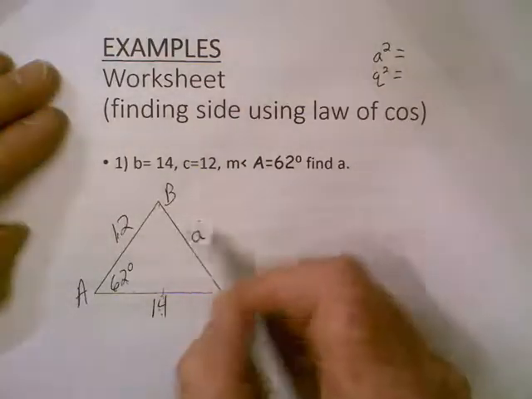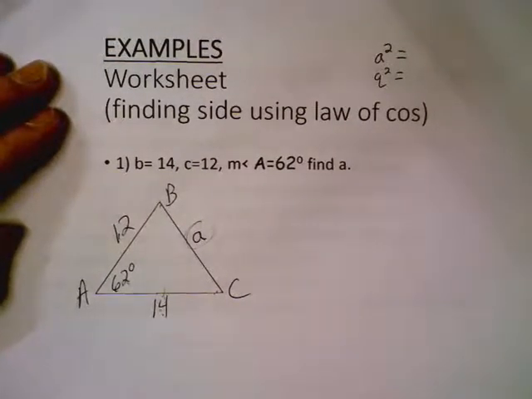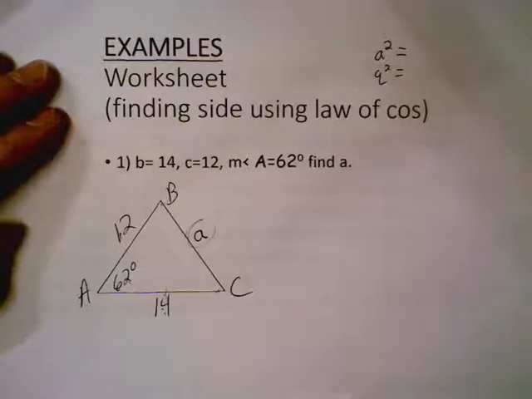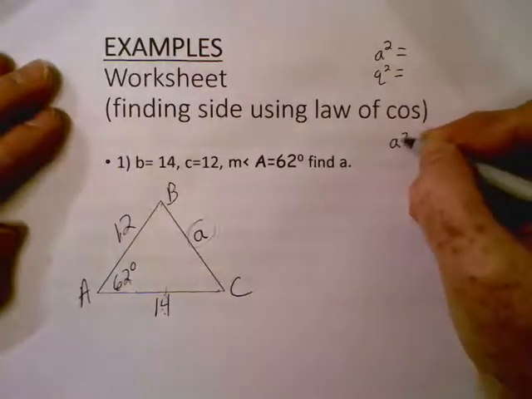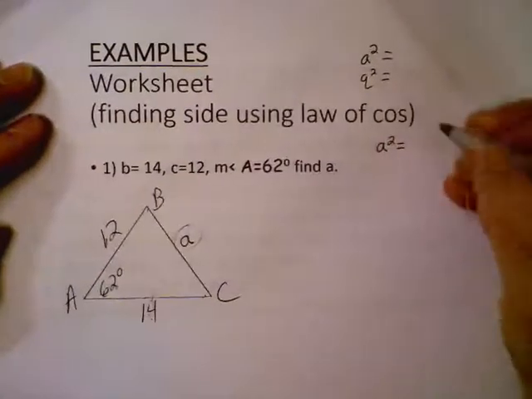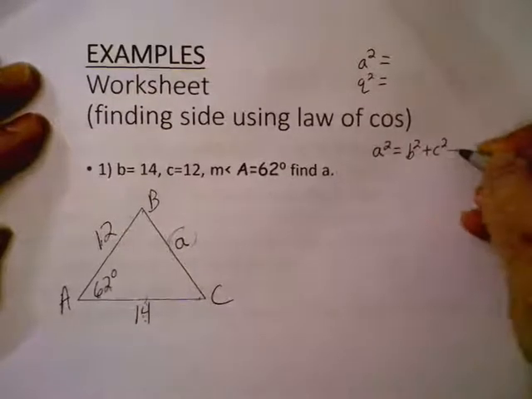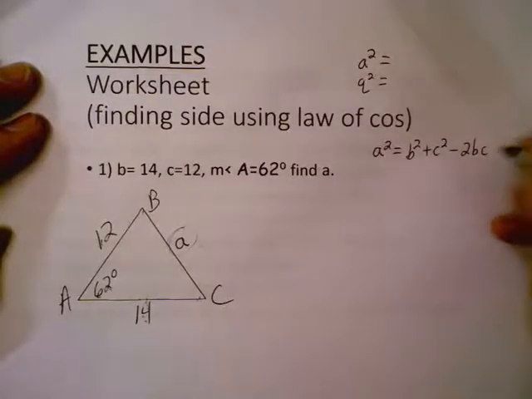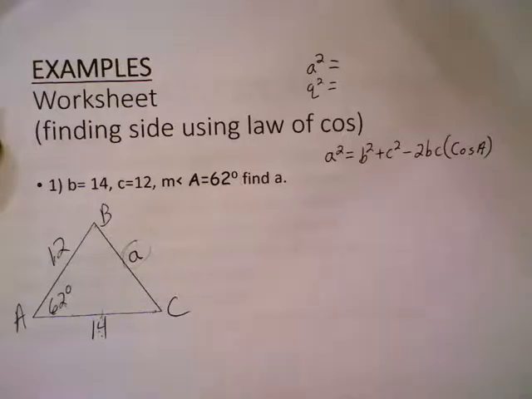So this time it happens to be that we're looking for little a. So that's what's going to be on the left. And I'm just going to write the formula out here. It's a squared equals b squared plus c squared minus 2 times b times c times the cosine of A. These letters, A, B, and C, are arbitrary.